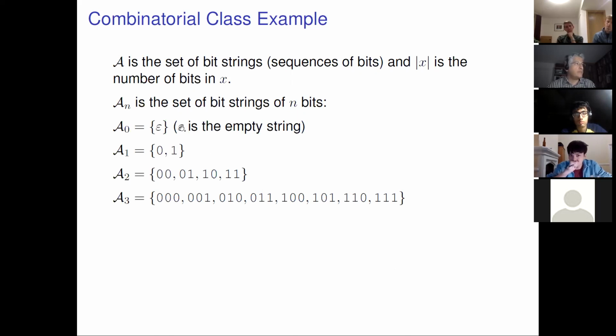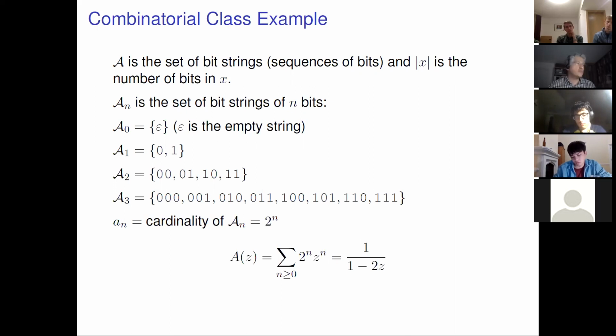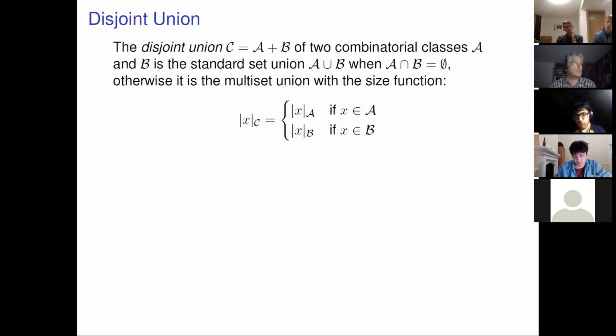We use this epsilon to denote the empty string, which in programming languages would be like quote unquote in many languages. So these are the sequences of bits, and A sub n, trivially, is 2 to the n, and the generating function has this closed formula. All this is trivial.